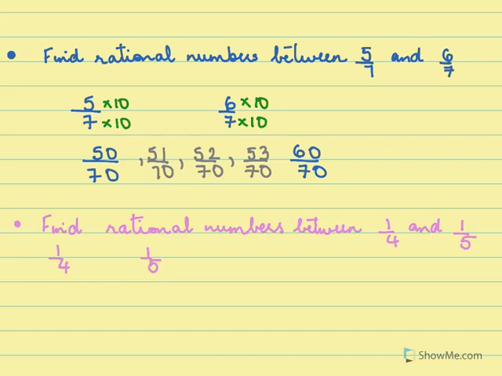Find rational numbers between 1/4 and 1/5. So 1/4 and 1/5, we find that the denominators are different, so we need to find the LCM. So the LCM would be 20. To make 20, I need to multiply this by 5 and this by 4. So this would be now 5/20 and 4/20. I don't have a gap, so I need to create a gap, so I multiply both again by 10.